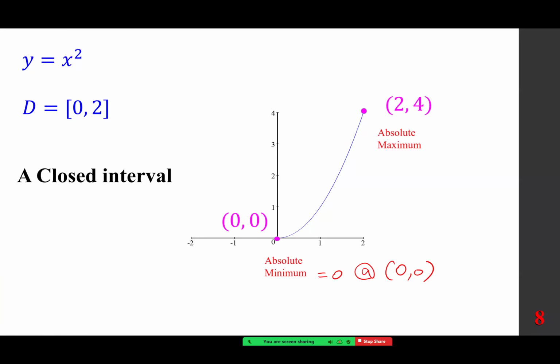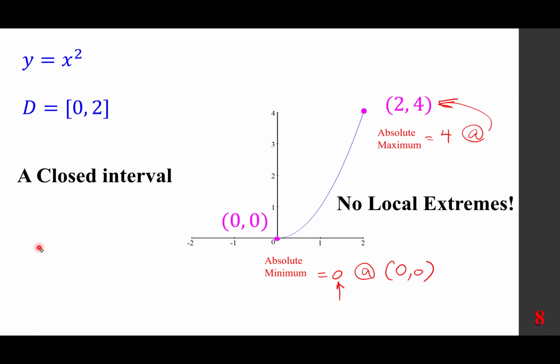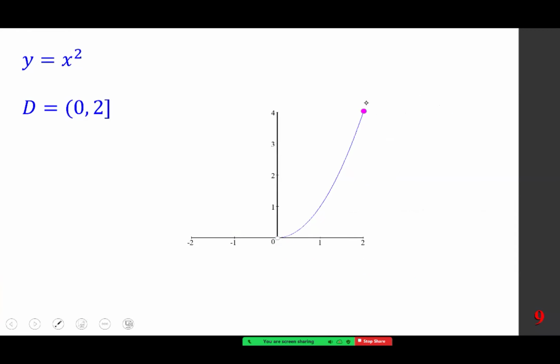So this is the y coordinate, whereas absolute maximum is equal to 4 at this pair. We don't have local extrema. We don't have any local max or local min. Endpoints cannot be local. If anything, they have to be absolute. This is the point. We don't have any other point having a smaller y coordinate. This one, any other point having a larger y coordinate.